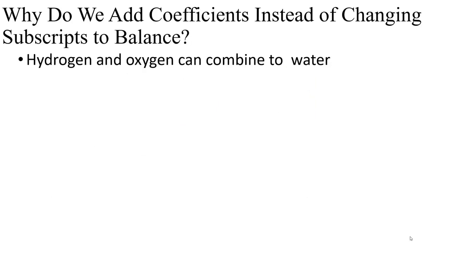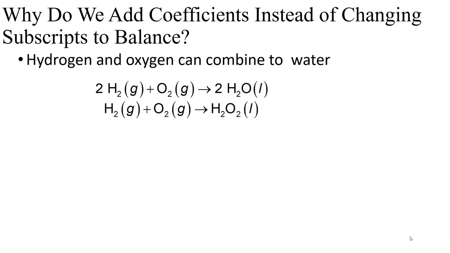One last thing before we start balancing equations. Why do we use coefficients instead of changing the subscripts to balance the chemical equations? Well, if we did that, we would be changing the formula of the compound. For example, let's say we want to combine hydrogen and oxygen to make water, H2O. In the first equation here, I use a coefficient to balance the number of hydrogens and oxygens on both sides of the equation.